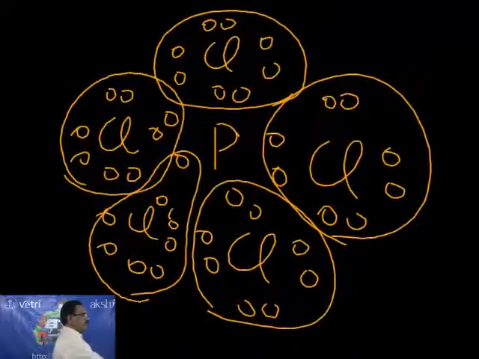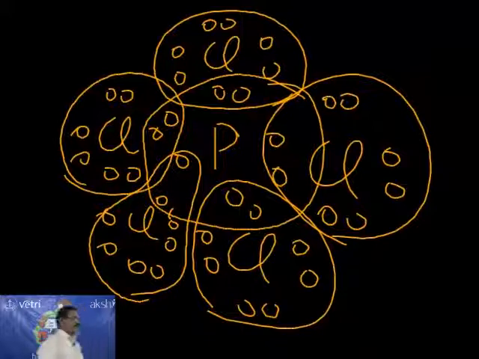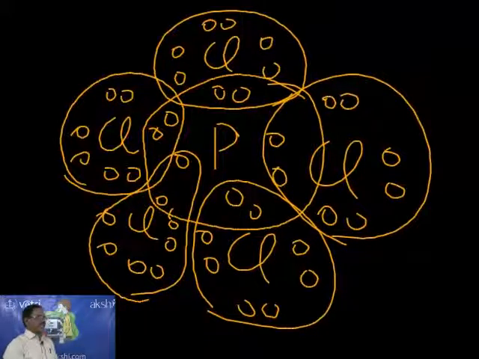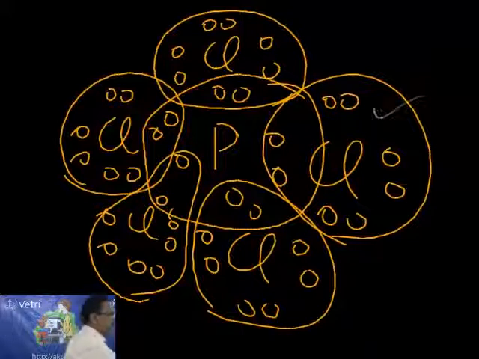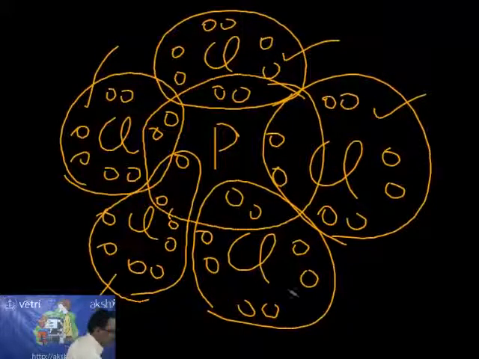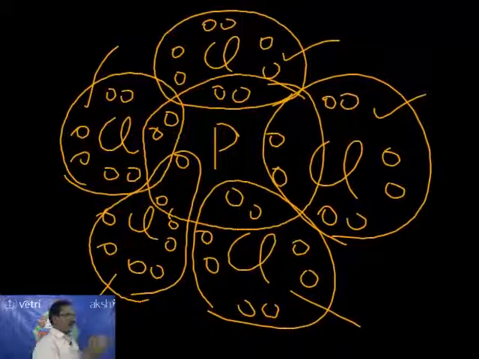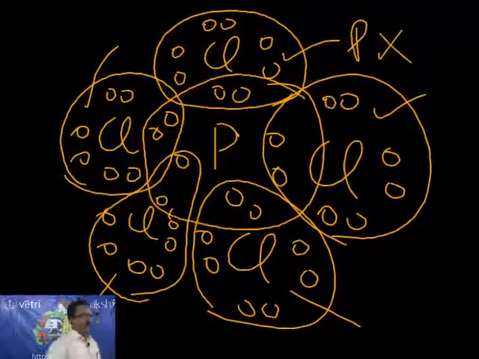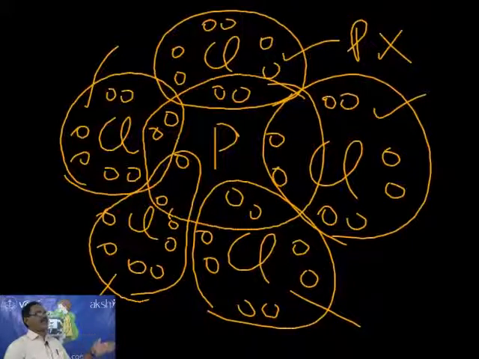But if you consider the center, phosphorus, surrounding it there are 10 electrons. So chlorine has only 8 electrons in the outermost configuration, completing the octet. But the central phosphorus is not obeying, because 5 electrons from phosphorus and 5 electrons from 5 chlorine atoms are mutually shared, so totally 10 electrons. So phosphorus is violating the octet rule. More than octet, more than 8 electrons.